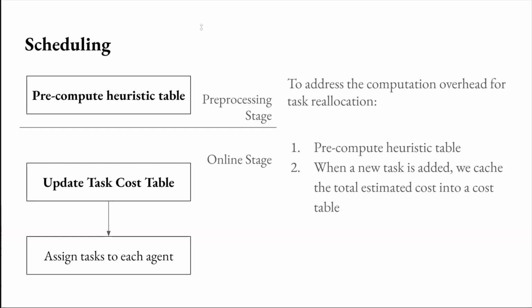Yeah, so the estimated cost here is the actual map distance of the task. So it's basically calculating the distance between each errand, adding them together, and storing it as the total estimated cost of each task.